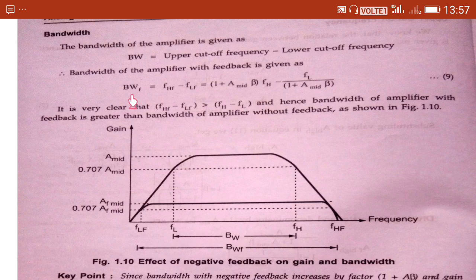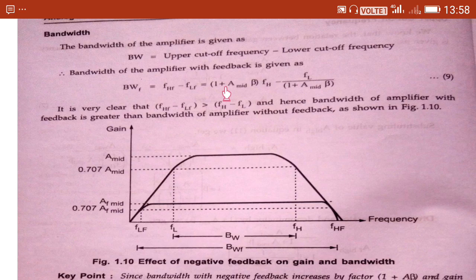Okay, so now we have to derive the expression of higher cutoff frequency and lower cutoff frequency. In this equation, as you can see, FHF is the product of 1 plus A mid into beta into FH, minus FL upon 1 plus A mid into beta.